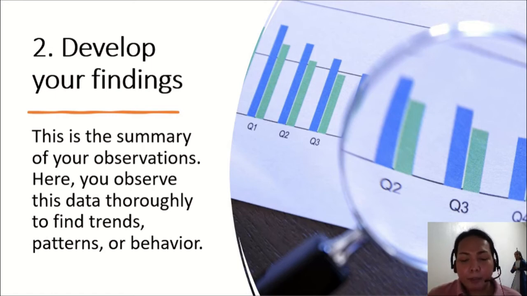The purpose of this step is to compare these deductions before drawing any conclusions. You can compare these deductions with each other, similar data sets in the past, or general deductions in your industry.